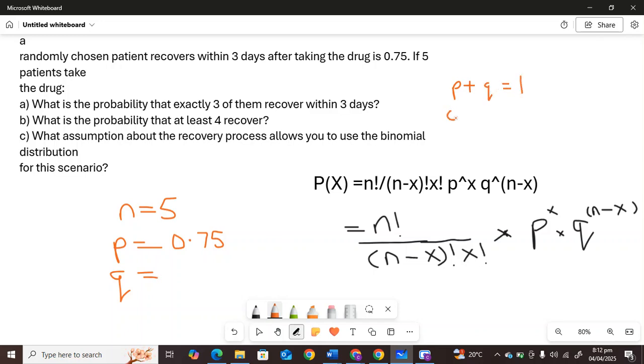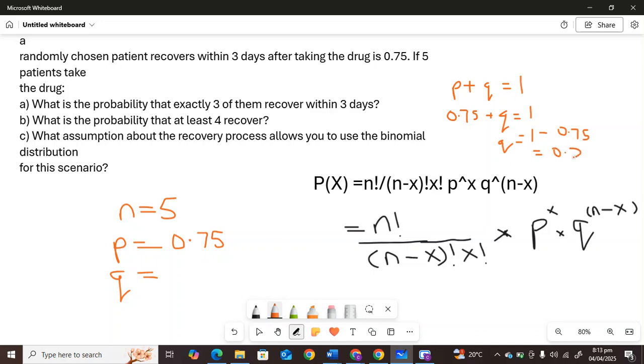So we already have the probability of the person getting cured, 0.75. And we want to find Q. So Q equals 1 minus 0.75. So we get 0.25.